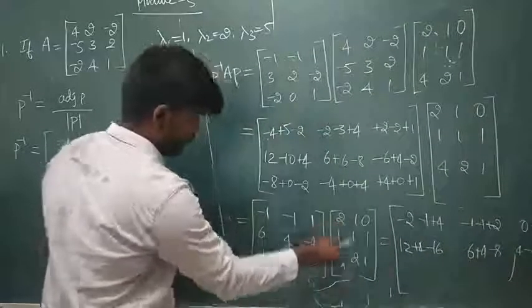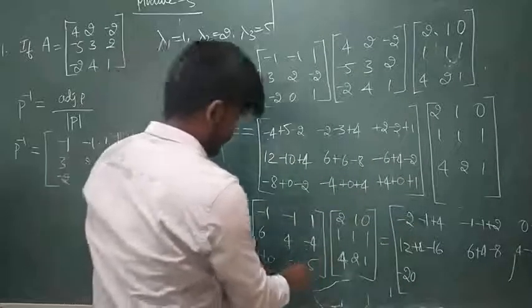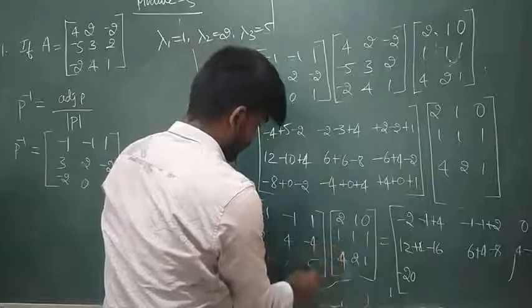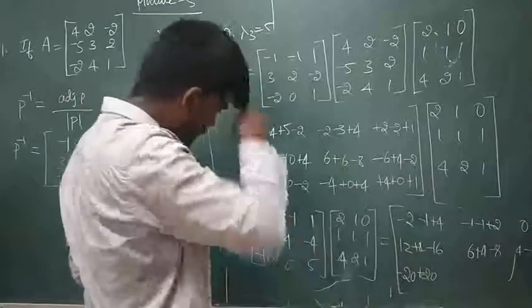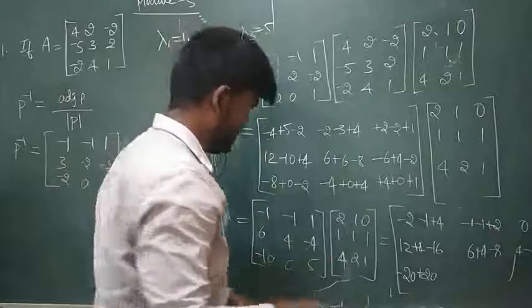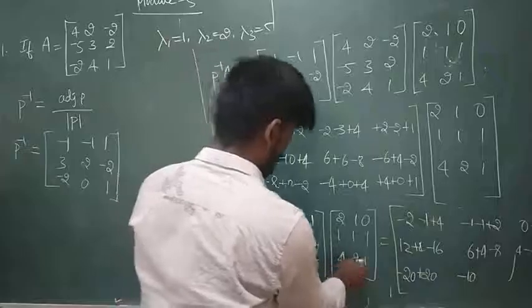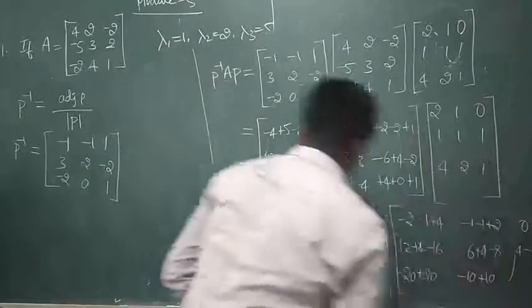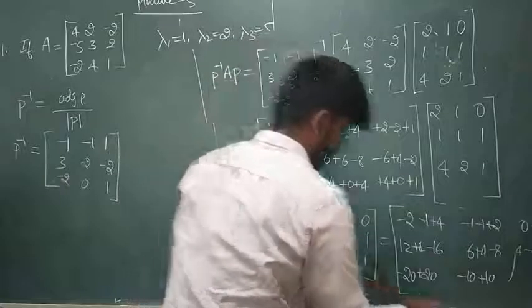Minus 10 into 2 minus 20. Minus 10 into 0, 0. 0 into 1, 0. 5 into 4 plus 1. Minus 10 into 1 minus 10. 0 into 1, 0. 4 into 2 plus 2. Minus 10 into 0, 0. 0 into 1, 0. 5 into 1, 5.